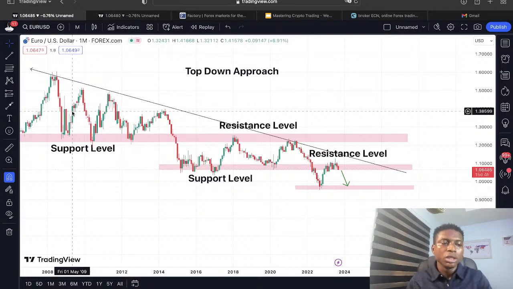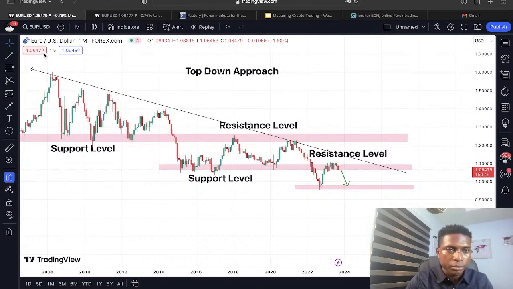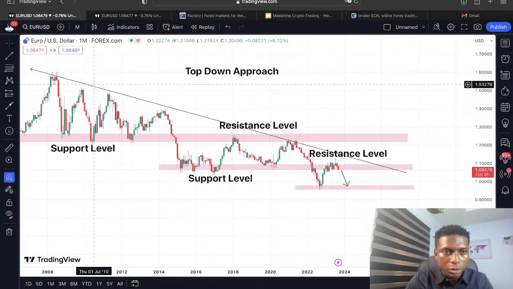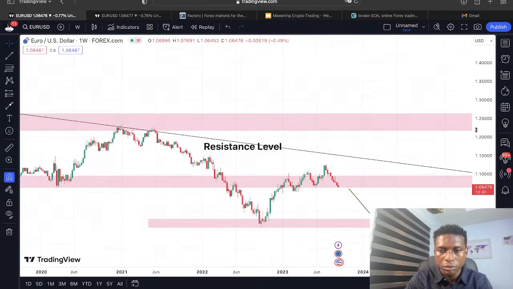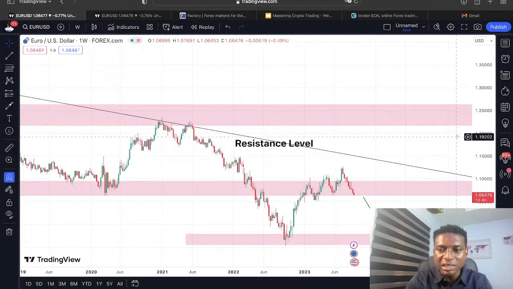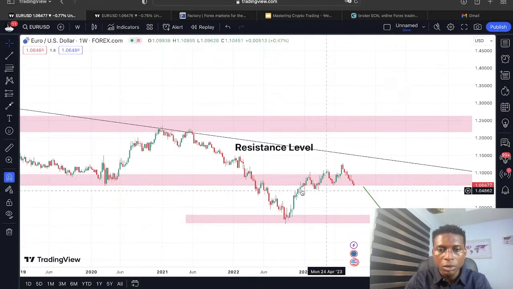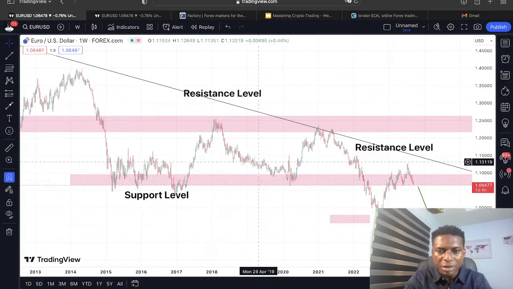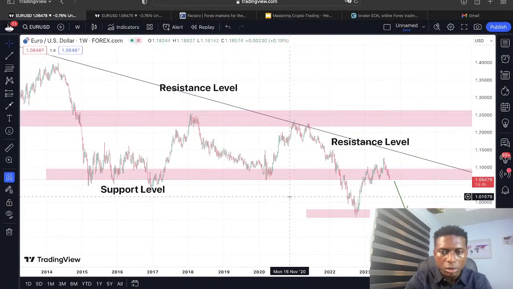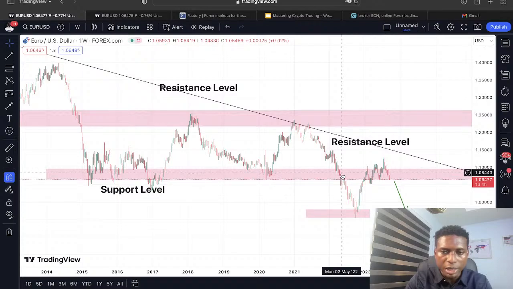However, let's go into the weekly time frame in order for us to have a closer view of what is currently ongoing. So as you can see, on the weekly time frame, price had broken out of a major zone here.